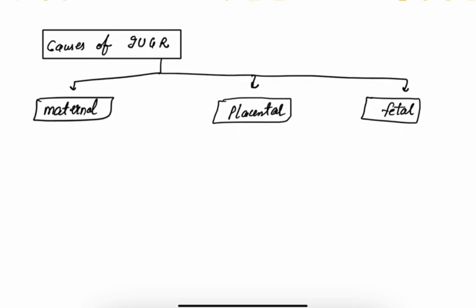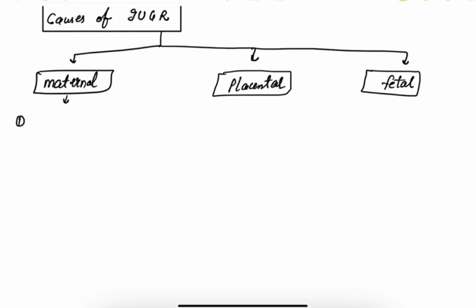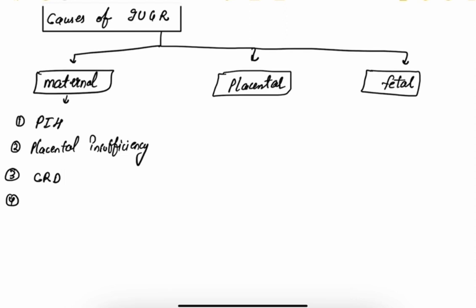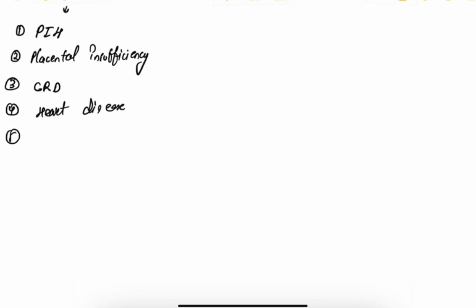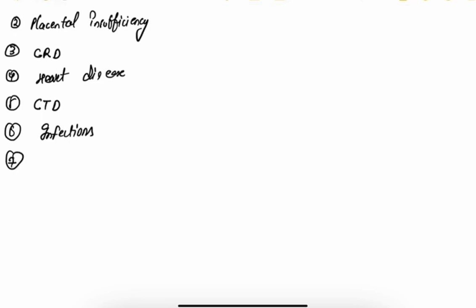Talking about maternal causes of intrauterine growth retardation, they are pregnancy induced hypertension, if the mother is suffering from pregnancy induced hypertension, or placental insufficiency, chronic renal disease, or heart disease, some kind of connective tissue disorder, or some infections, or the mother having diabetes mellitus with vasculopathy.